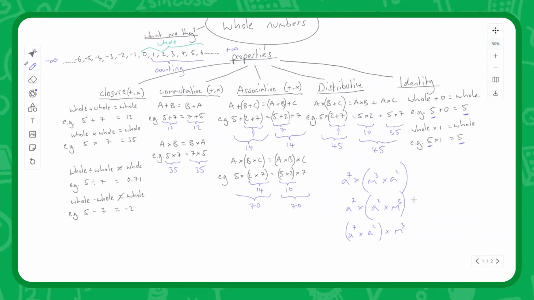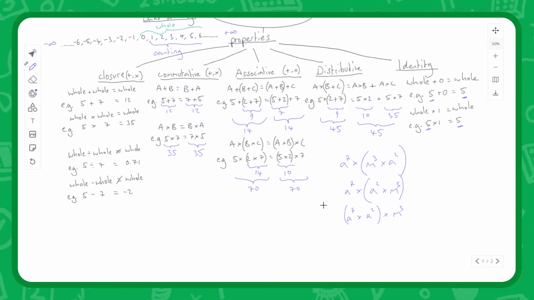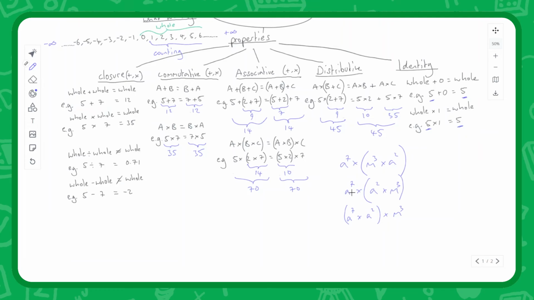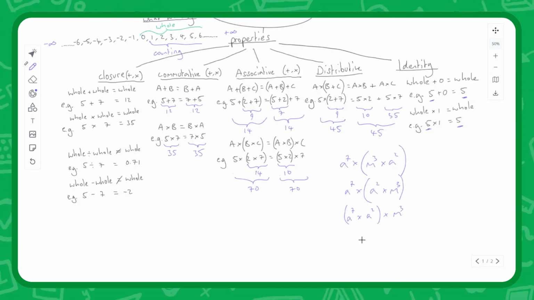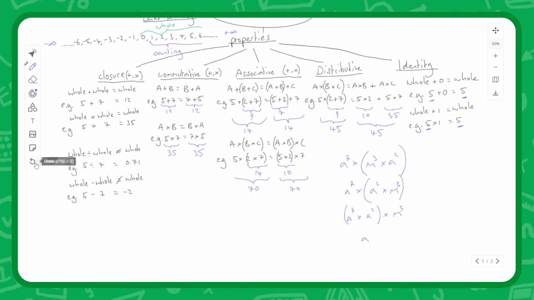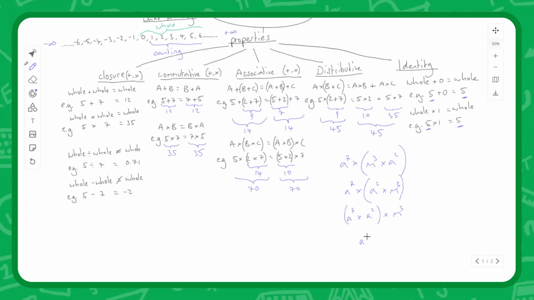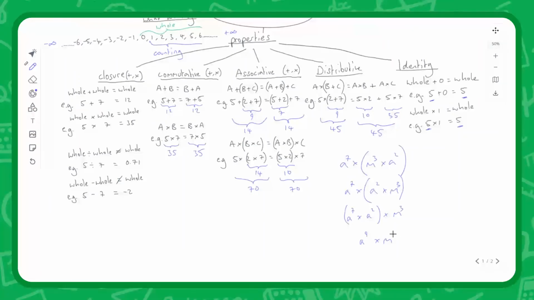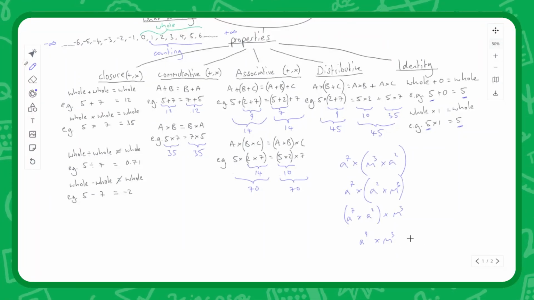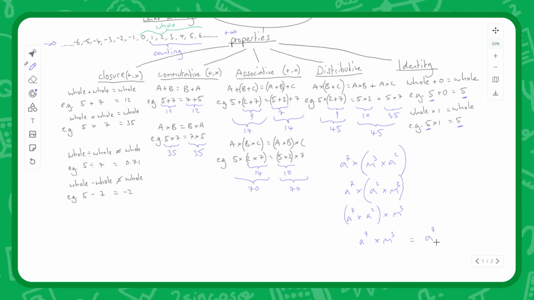And all of a sudden, we've made it much nicer for ourselves. We know from our power rules, which we may cover in another lesson, a to the 7 times a squared is going to give us a to the 9. So we're going to end up with a to the 9 times m cubed, or just a to the 9 m cubed.